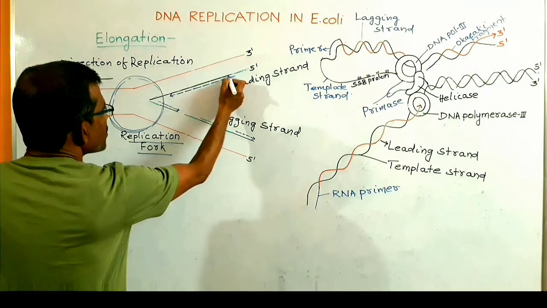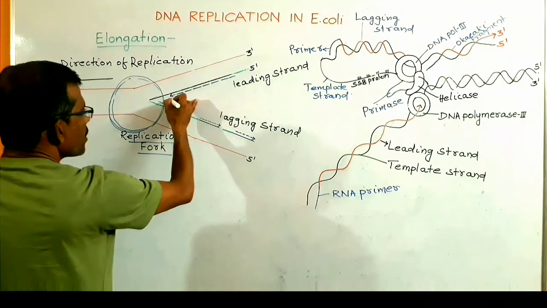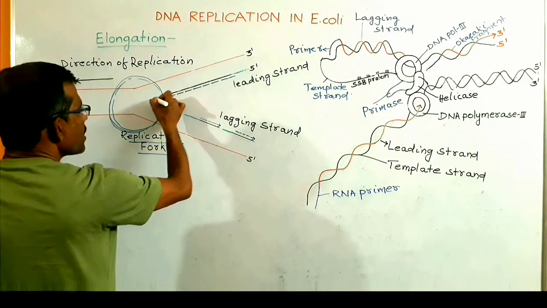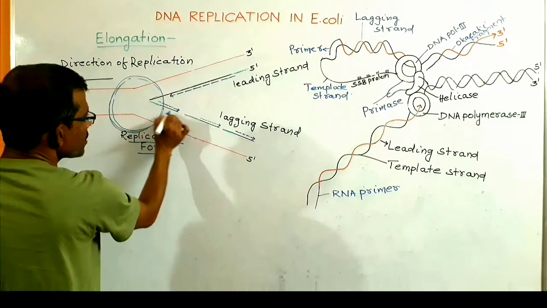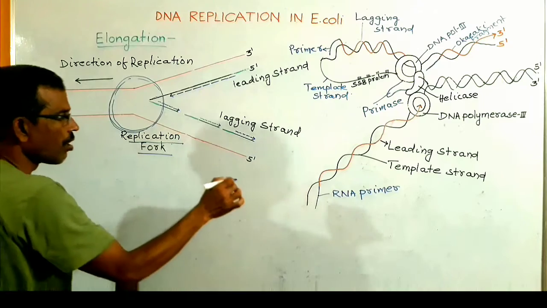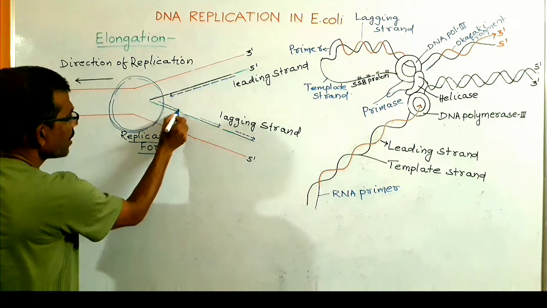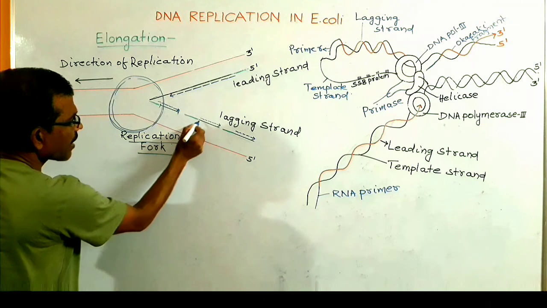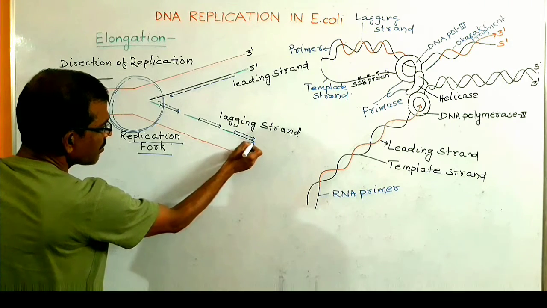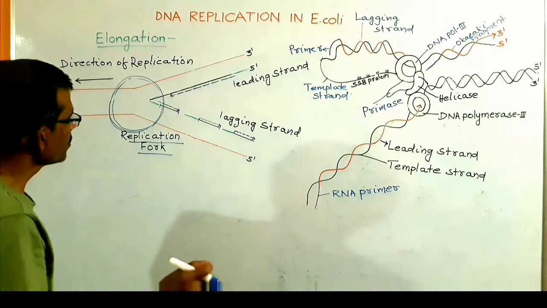This new complementary strand is synthesized continuously in 5' to 3' direction in a hassle-free manner. This strand is known as leading strand, whereas this new strand is synthesized discontinuously in the form of Okazaki fragments. Okazaki fragments are the DNA fragments. These black colored patches are Okazaki fragments. These Okazaki fragments are also synthesized by the same enzyme DNA polymerase 3.